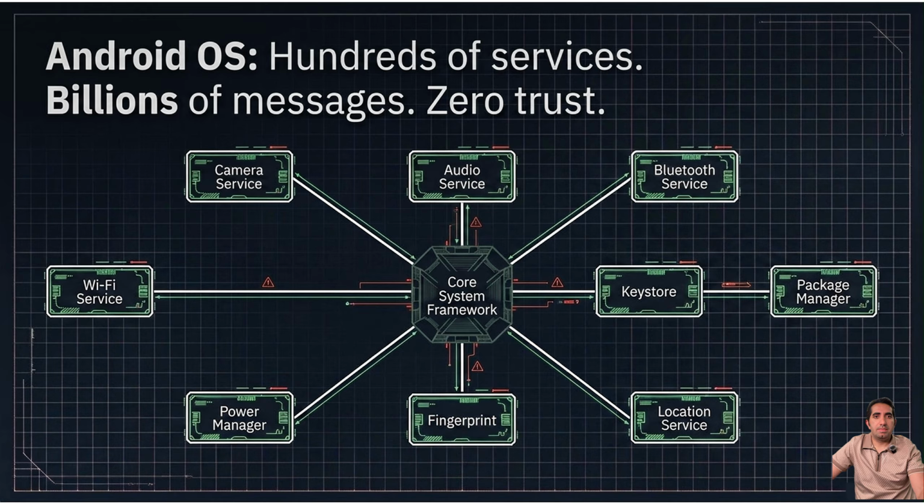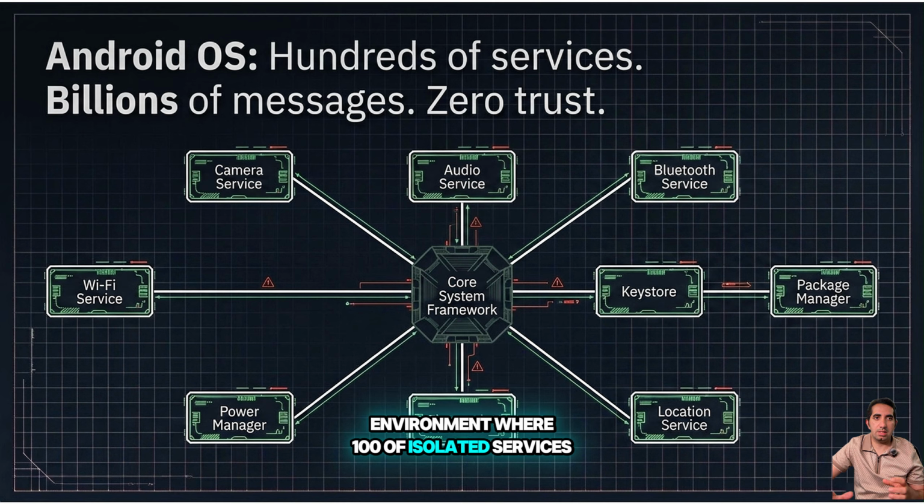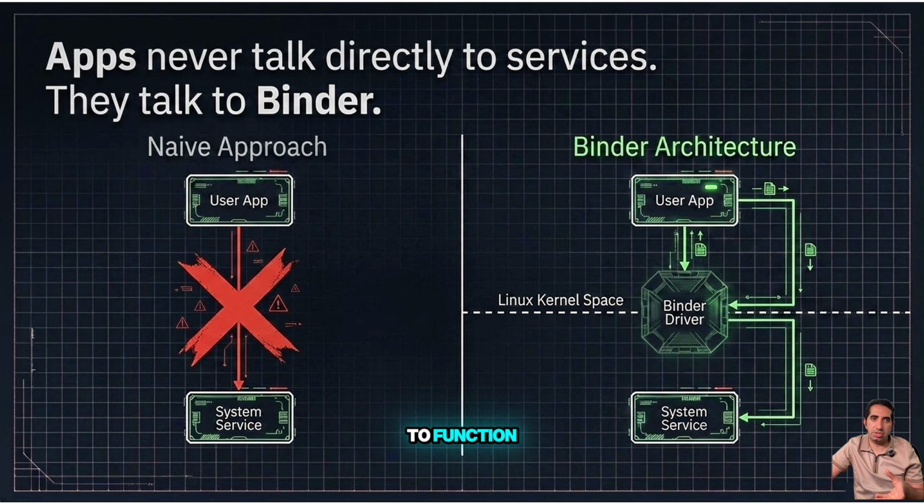In Android, we have one of the most complex IPC environments. Android is a zero trust environment where a hundred isolated services like the camera, fingerprint, keystore, Wi-Fi constantly exchange a billion messages, and every app on your phone is a potential attacker, and they all must talk to these central services to function.